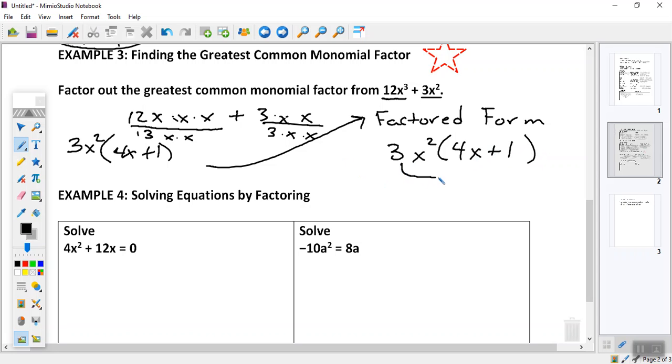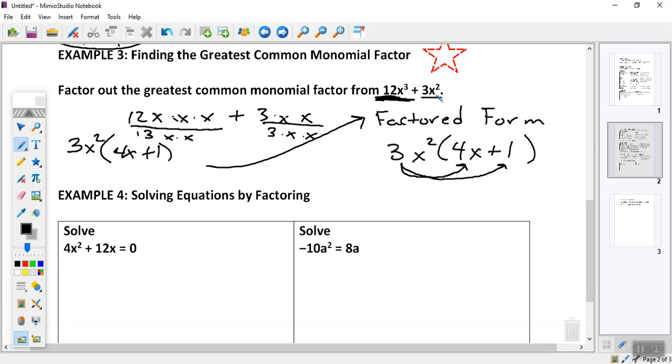What's 3x squared times 4x, kids? What's the 3 times 4 going to get you? 12. And then x squared next to the first would be x to the third. Did that give me back what I had here?